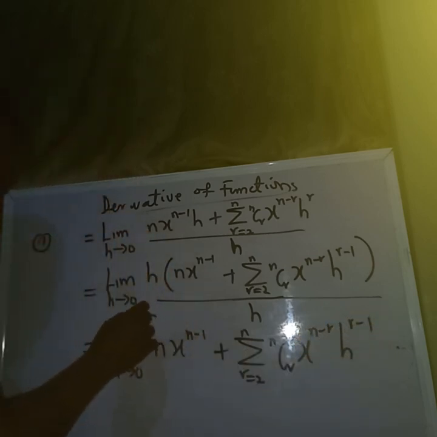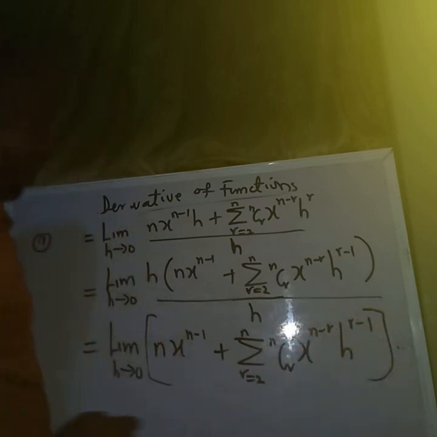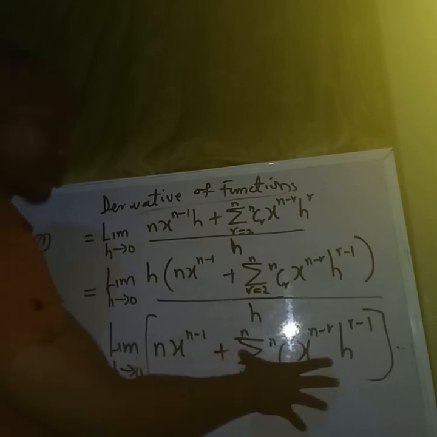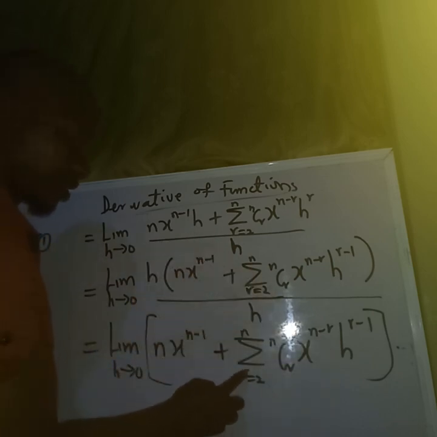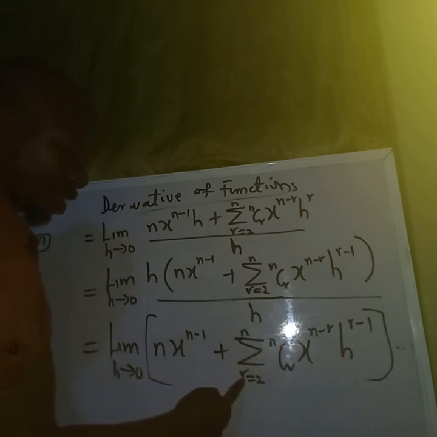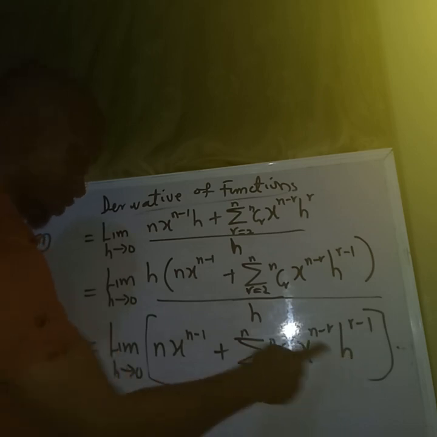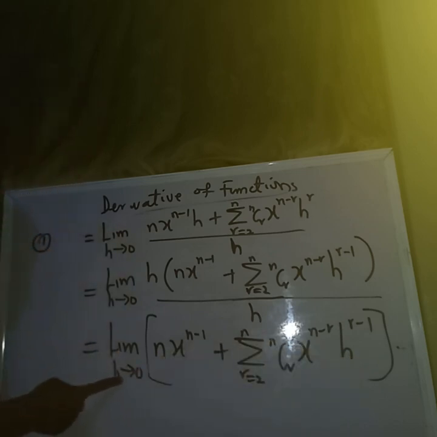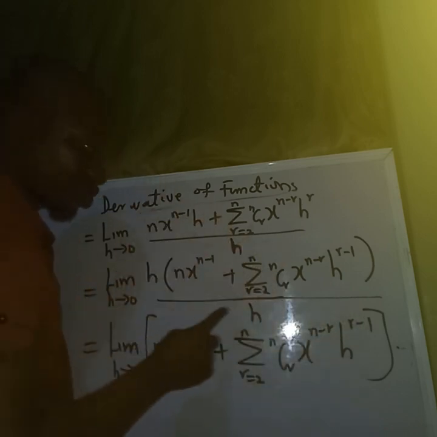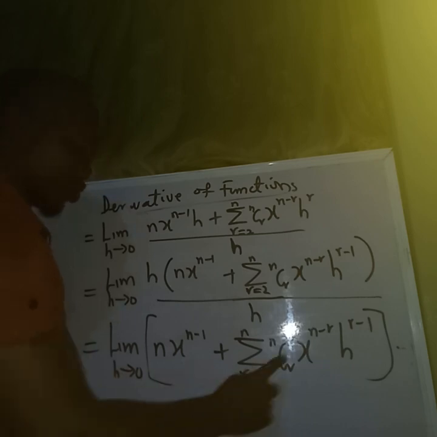So this limit affects all that is there. Now this term is independent of h, and of course this looks like a constant. So this limit will not affect this, but this limit will affect all of this because there exists at least one h here. When we substitute r as 2, we are particular about this h because the limit says h tends to 0. It means that we have at least one h in the series that this limit will affect.